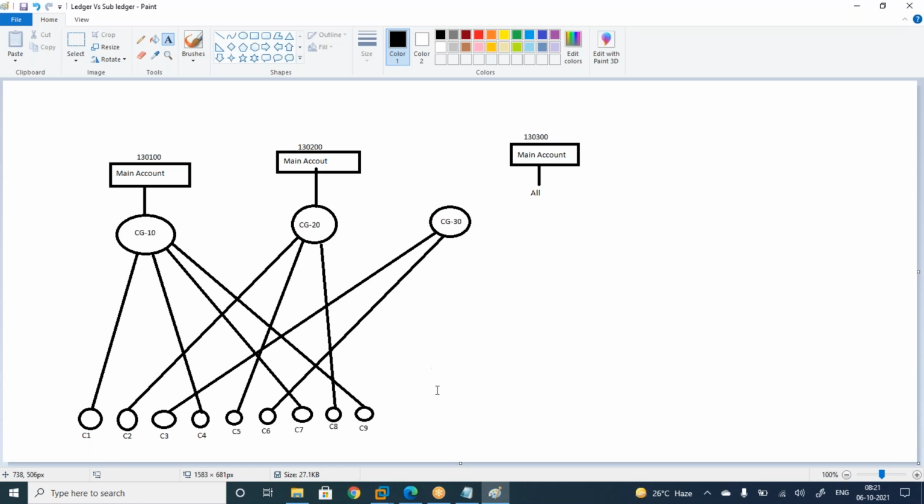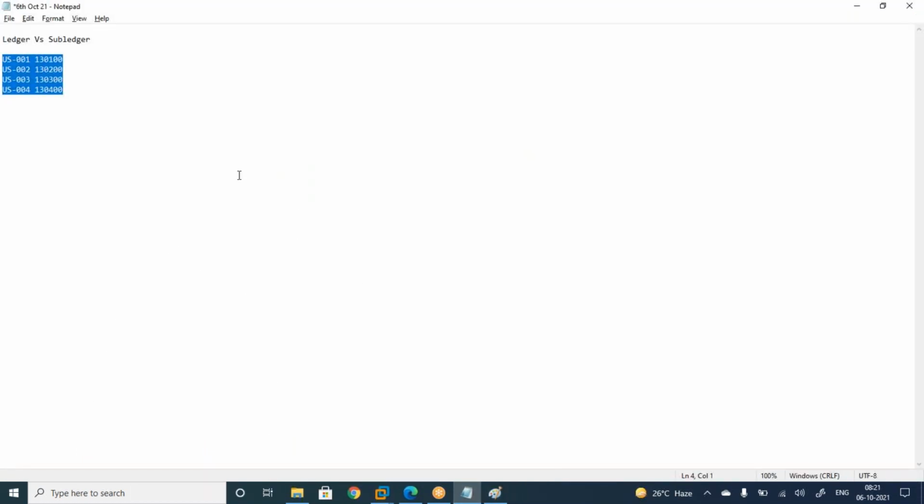This is called ledger subledger concept. To minimize these accounts, there is no need of these many. If you keep on creating one account in the main accounts for each and every customer, it will create so many accounts. Suppose 2000 customers are there, then I need to create 2000 ledger accounts or main accounts, which is complex.